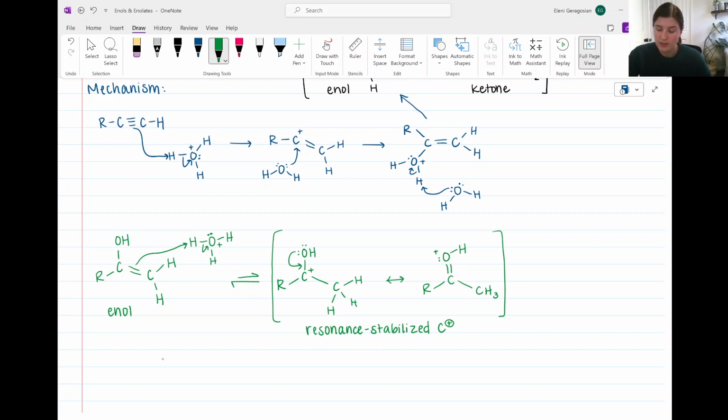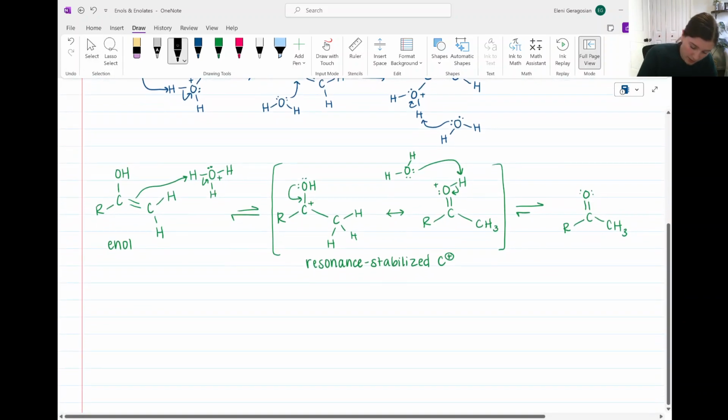And now the third structure that we've drawn, in green, looks just like a protonated ketone. And so neutral water, still present in solution, can deprotonate that carbonyl oxygen, and now we've formed the ketone. So this is how, in acidic solution, an enol would be converted into a ketone.